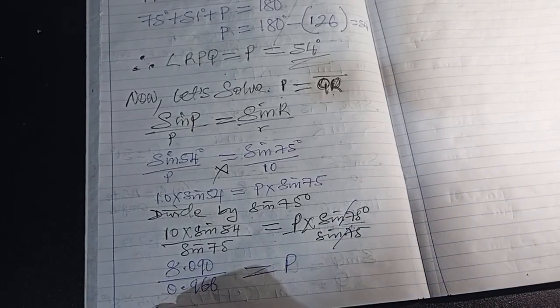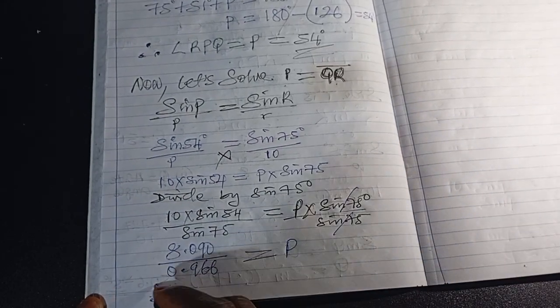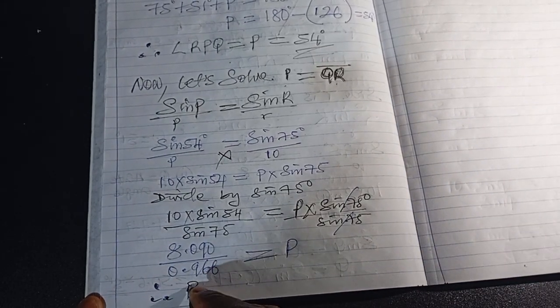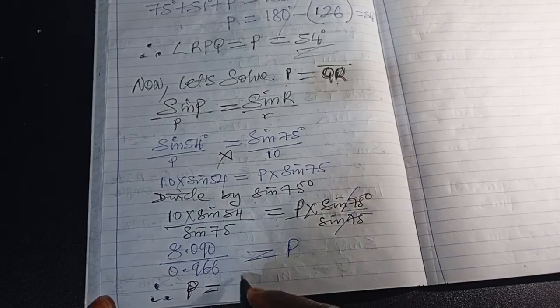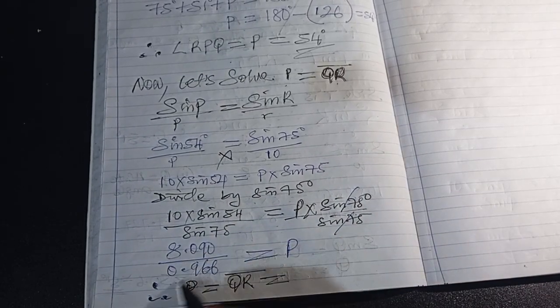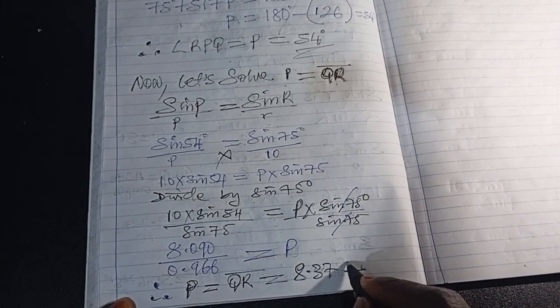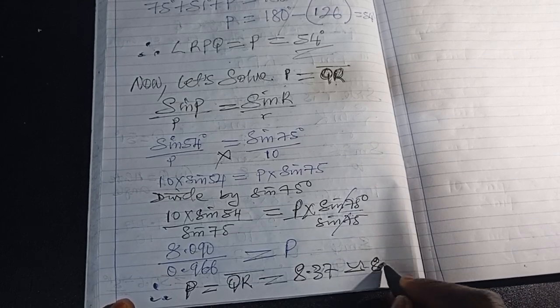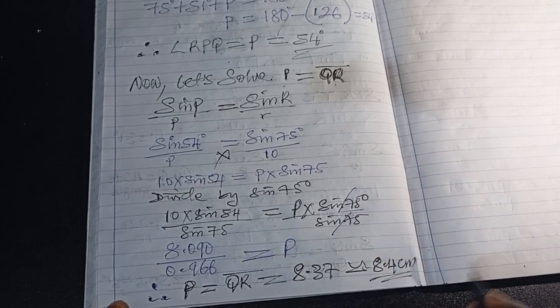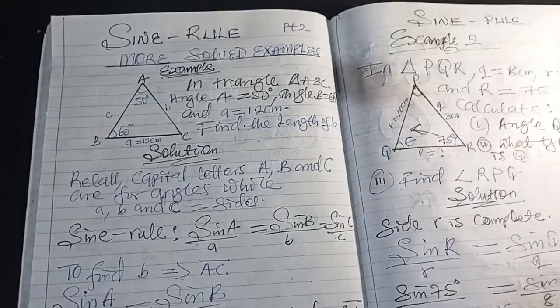Okay, therefore p, which is side QR, is equal to 8.090 divided by sine 75 will give us 8.37, approximately 8.4 cm.